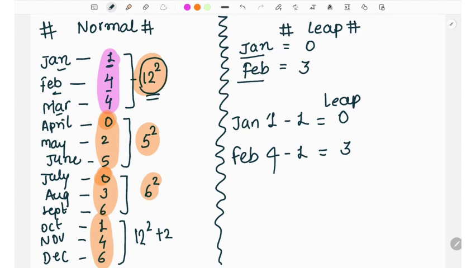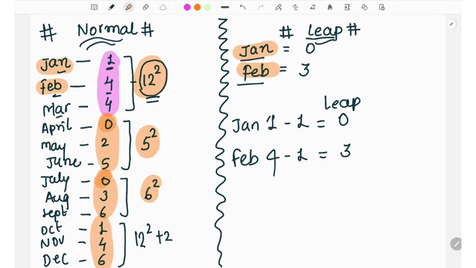Okay, these are the different codes that we are using for the normal year and leap year. So remember, students, the only difference between the codes for the normal and the leap year is in January and February. Simply understand these two codes are only different. Other than that, all the codes from March till December are the same.